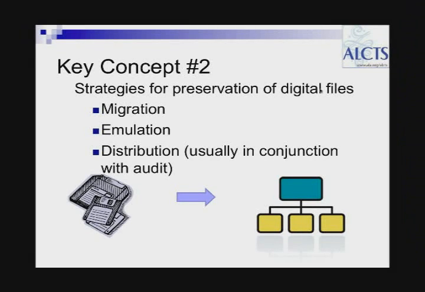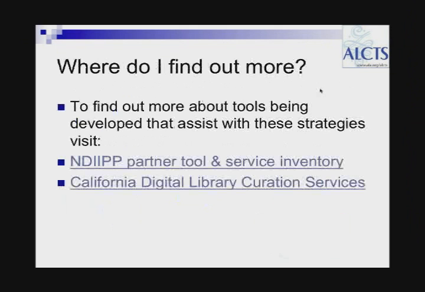If a file has become corrupt, then there are triggers in the system that say, let me rebuild this file from one other copy that exists in the network. So just to let you know, distribution is also another strategy, but it doesn't just mean backup. It's usually in conjunction with some sort of other tools running on top of it.